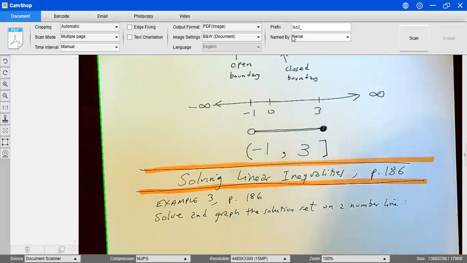So I'm copying the entire direction in this case. In the coming problems, I'm just going to write solve and graph. You can understand that I'm talking about graphing the solution set on a number line.